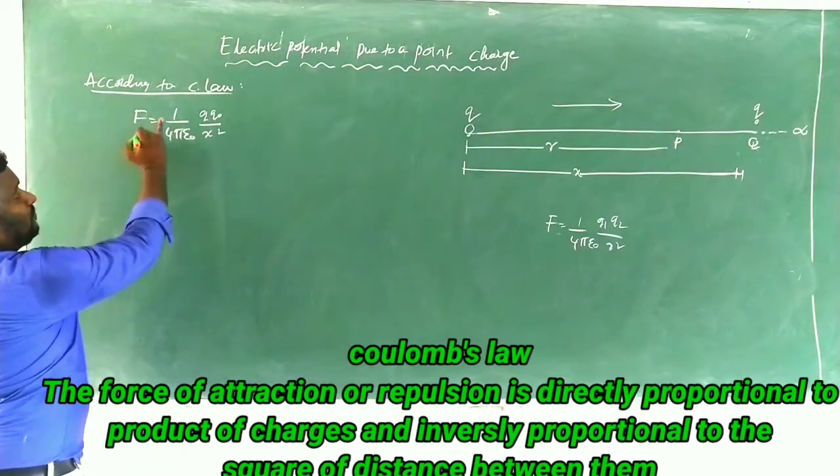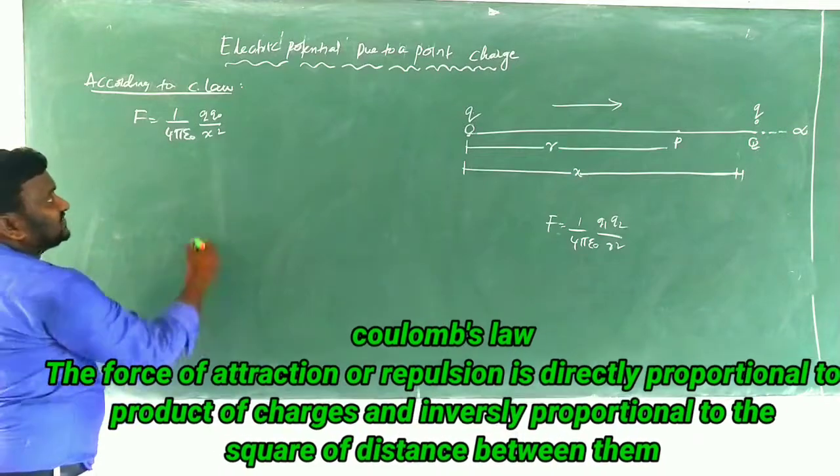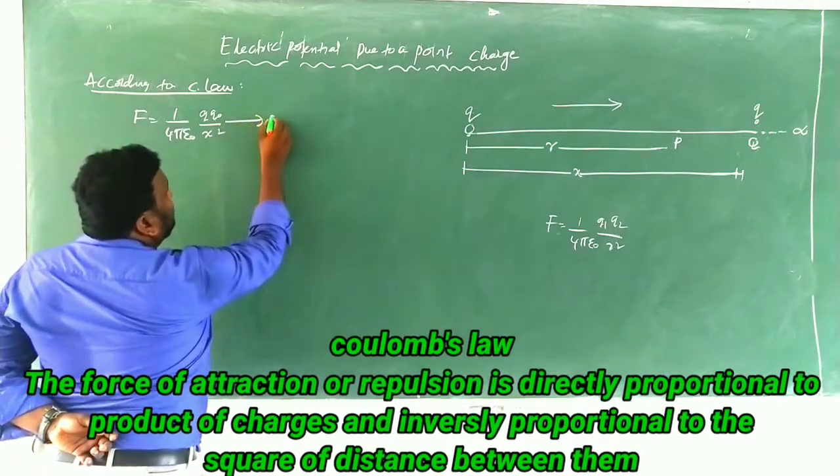F equals 1 by 4 pi epsilon naught Q Q naught by X square. This is the force between the two charges.